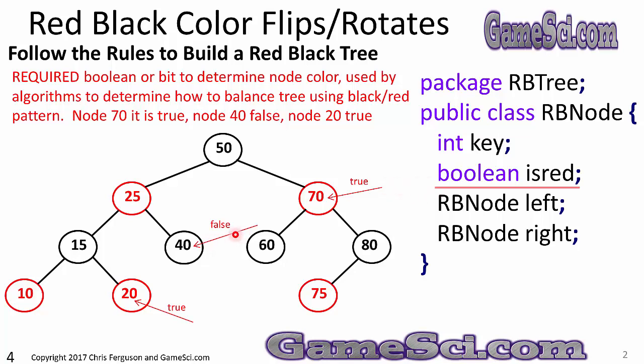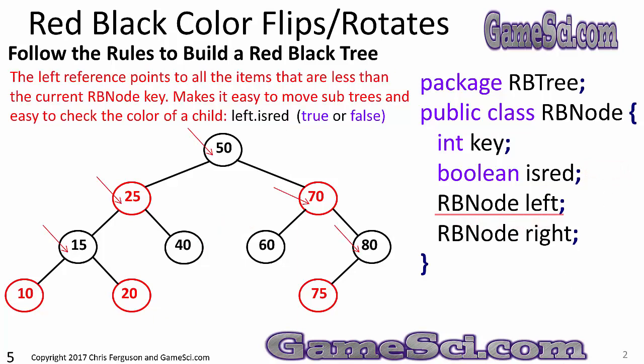And for node 40, the isRed Boolean variable must be set to false because 40 is a black node. Once again, 20 is a red node, so the isRed field in this object must be set to true. This is how we determine the color of a node, and since it's a true-false variable, every node will be red or black. When this is true, it is a red node. When this is false, it is a black node.